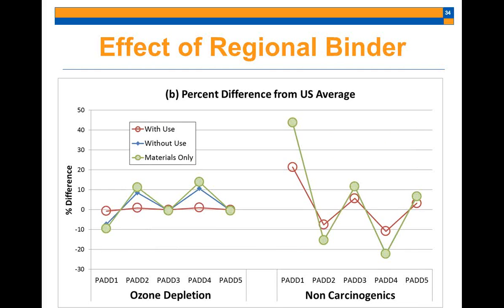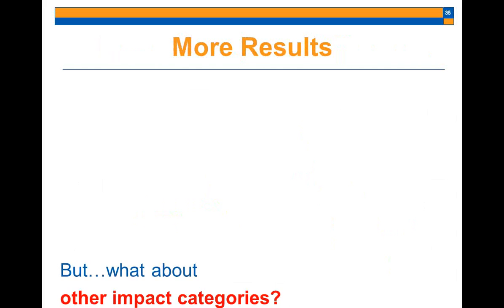We can see that the difference is a bit higher at a 20% range. And then if you look at non-carcinogenics, it's quite a bit higher and reaches a range of about 70% difference. So this shows that there could be a good reason to look at other impacts besides energy and greenhouse gases.